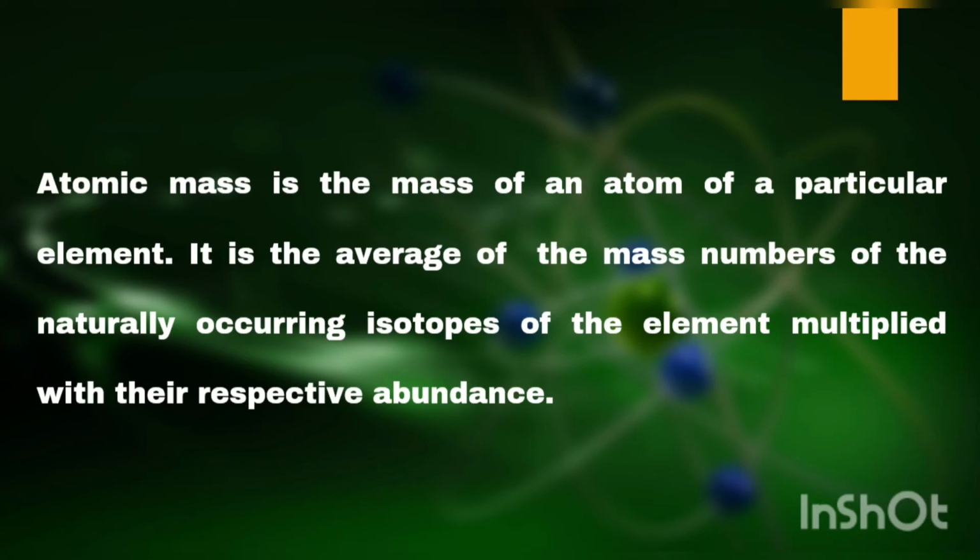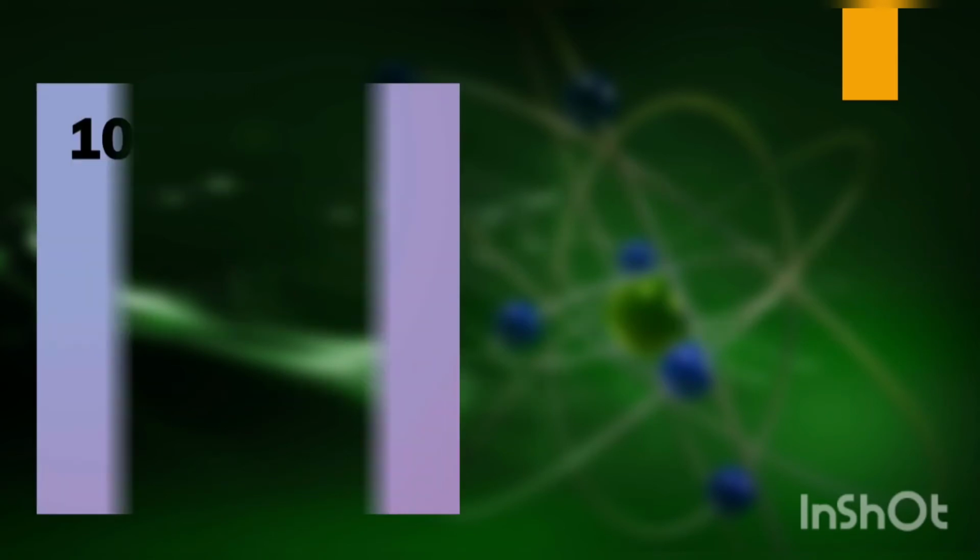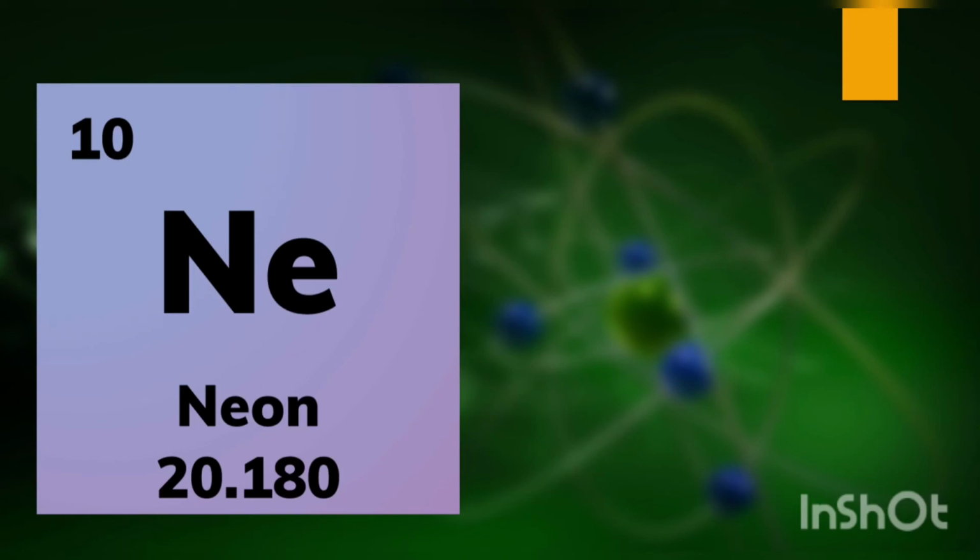Atomic mass is the mass of an atom of a particular element. It is the average of the mass numbers of the naturally occurring isotopes of the element multiplied with their respective abundance. Let's analyze this shorthand notation of a neon atom. What is the atomic mass of neon?